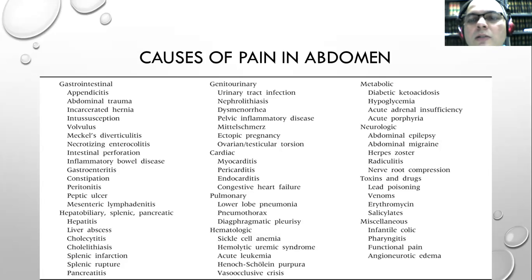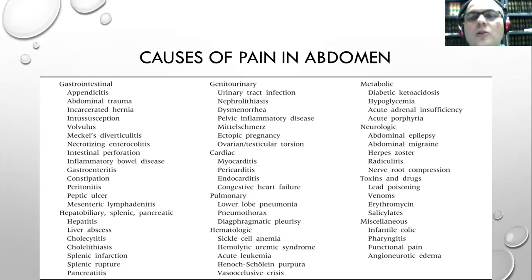Metabolic disorders include acute porphyria. In case of porphyria, the pain in abdomen comes up when you take sulfa drugs or barbiturates. Then acute adrenal insufficiency, hypoglycemia, and diabetic ketoacidosis.